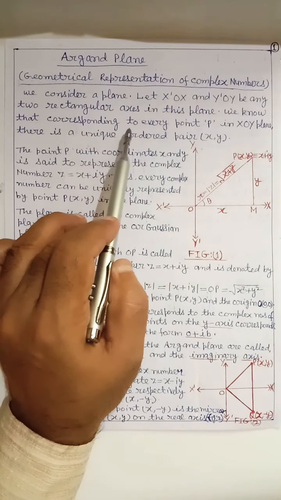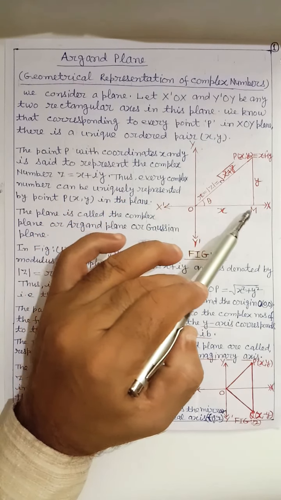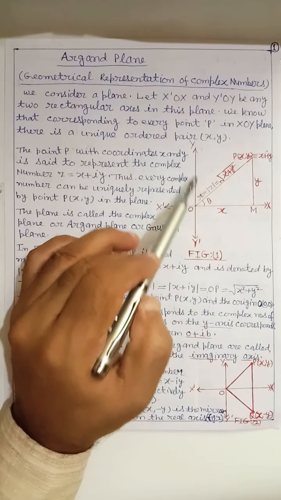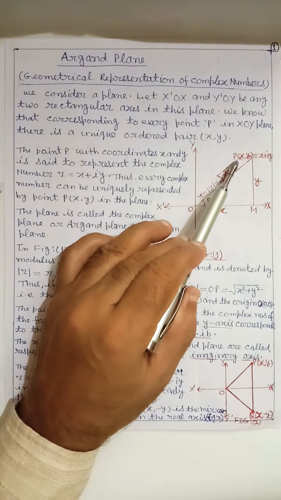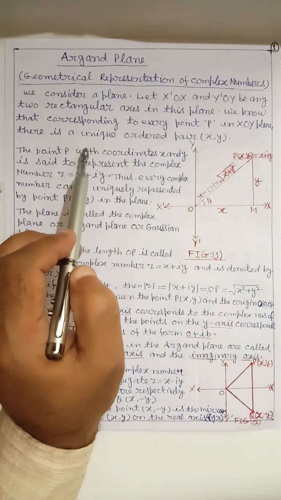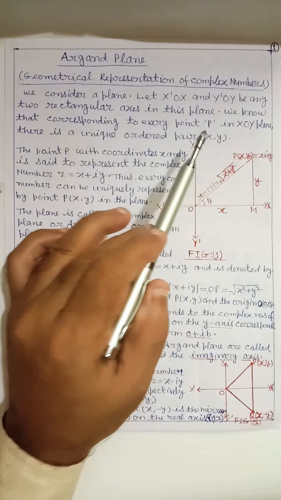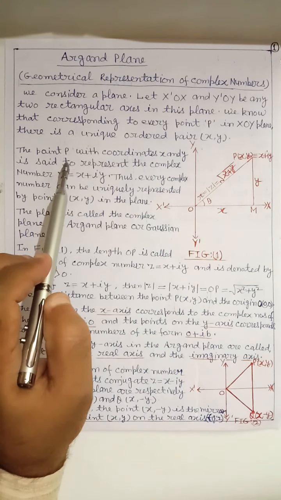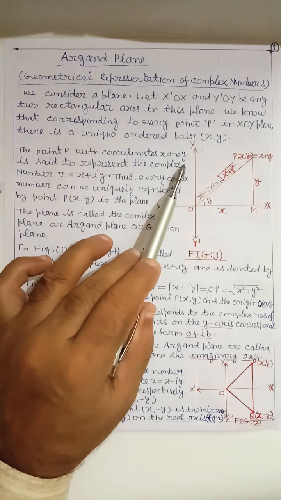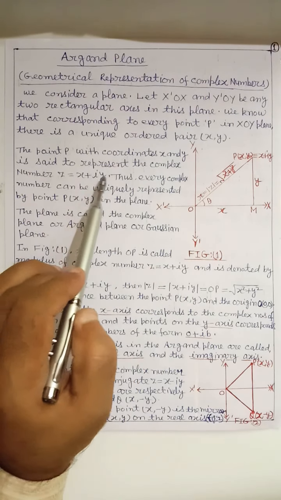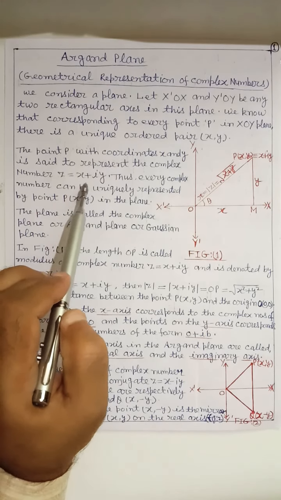We know that corresponding to every point P in the xy plane, here, and the point is here P, there is a unique ordered pair (x, y). The point P with coordinates x and y is said to represent the complex number z equal to x plus iy.